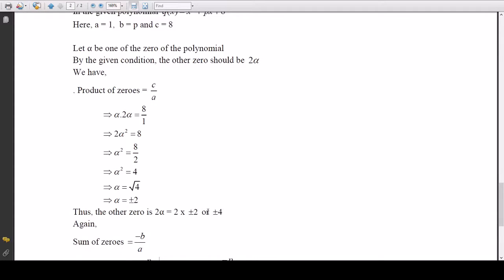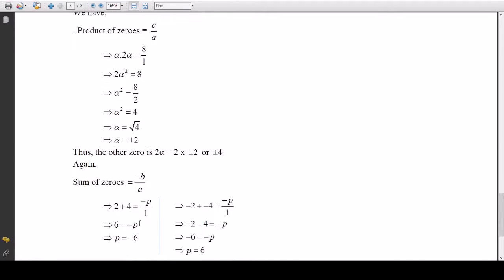Okay. Now again let us take the sum of zeros. Sum of zeros equals minus b by a. Here, as alpha is having two values, and the other zero is also having two values, one is plus 4, other is minus 4.